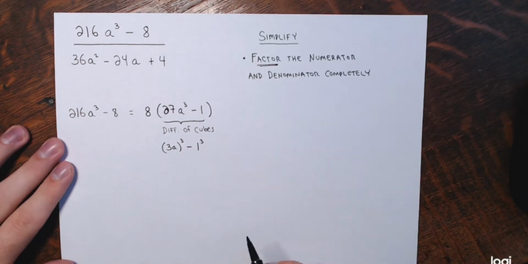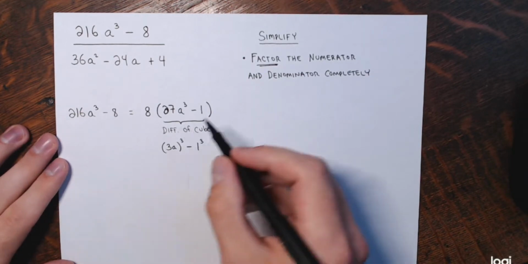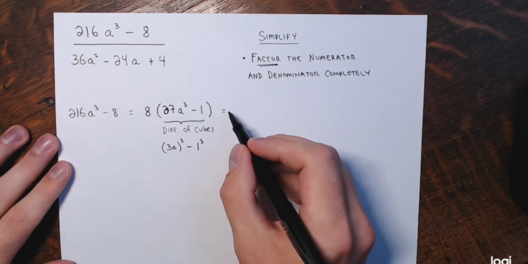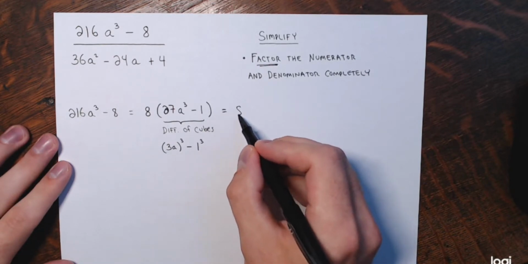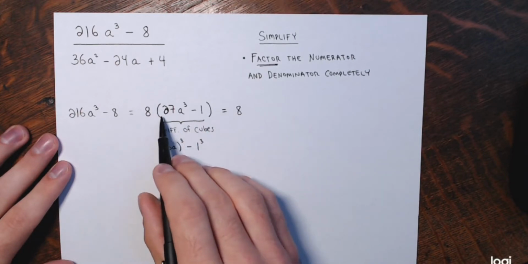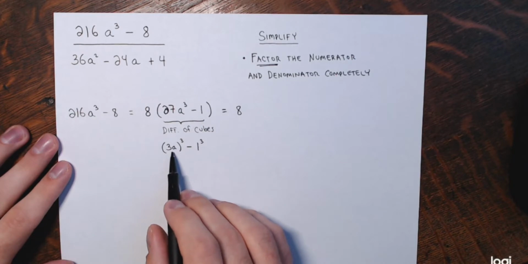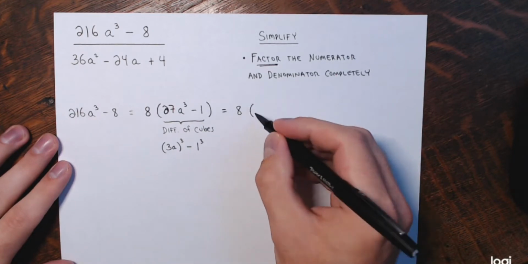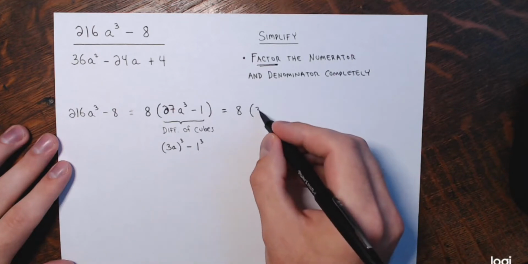You can always put 1 to any power to make 1 again. Again, I'm hoping you remember how to factor polynomials. So this is 8, that factor of 8 I pulled out, and then a difference of cubes. Remember, a cubed minus b cubed factors to a minus b, so 3a minus 1.